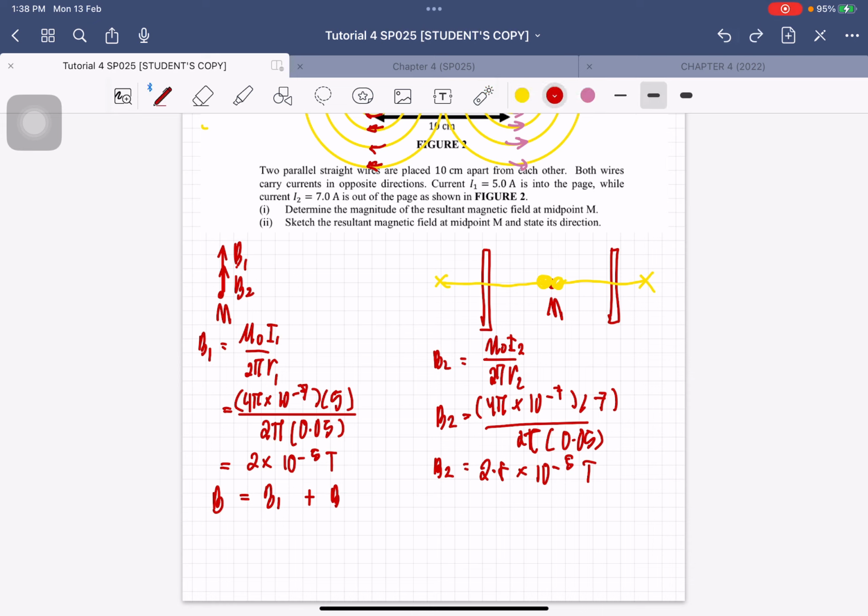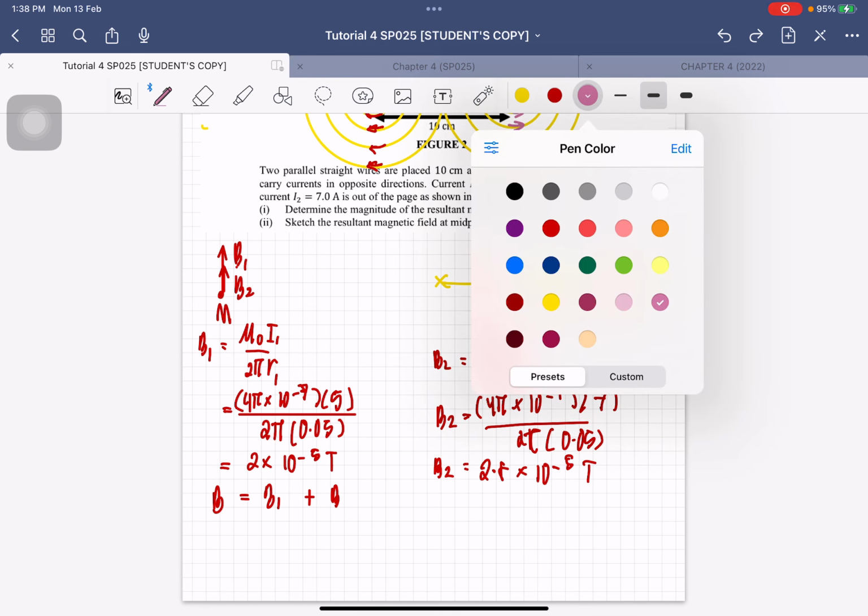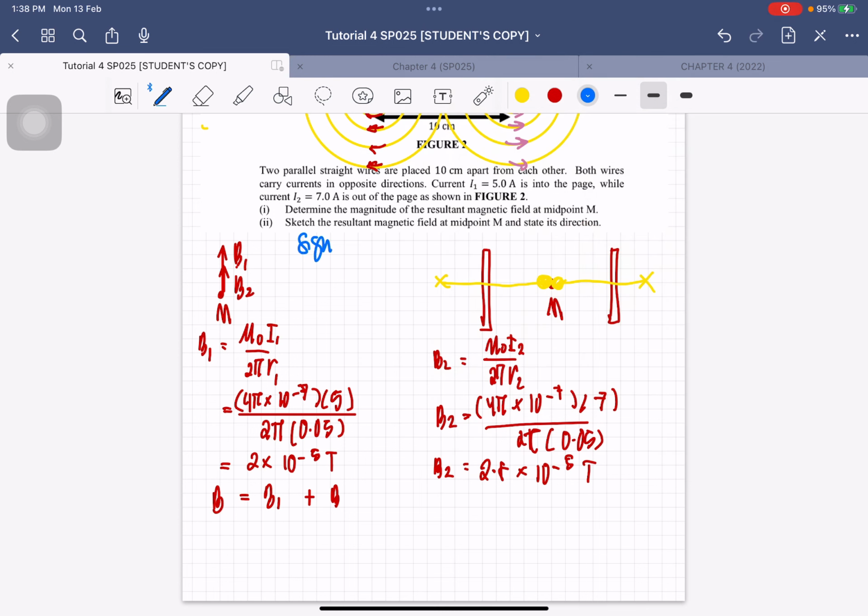Oh, not gonna draw. So I'm just gonna write it in blue color lah. So for sign convention, untuk out of the page which is a dot, it will be upwards. So we akan letak it as the sign convention will be negative. Untuk X which is downwards, it will be positive. Okay, so itu untuk sign convention.